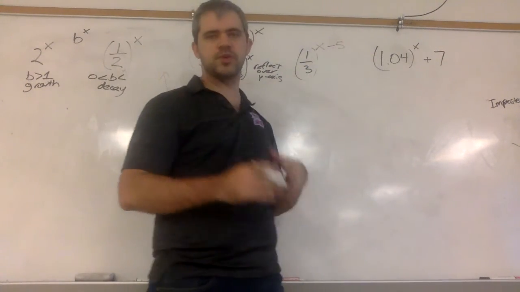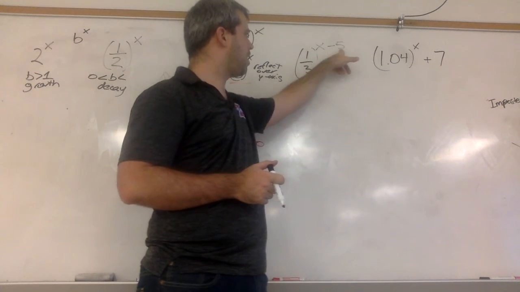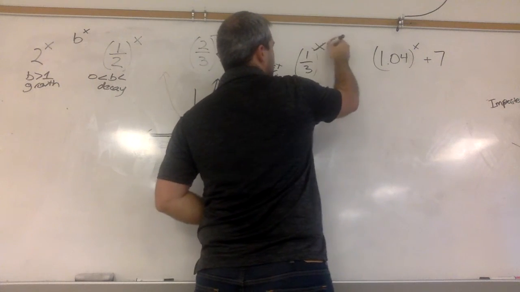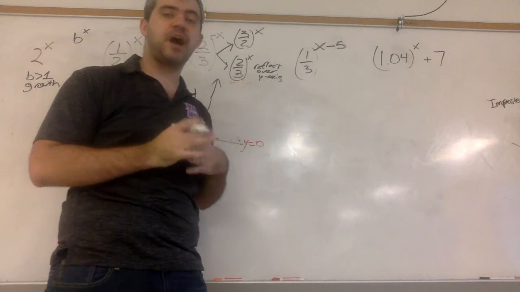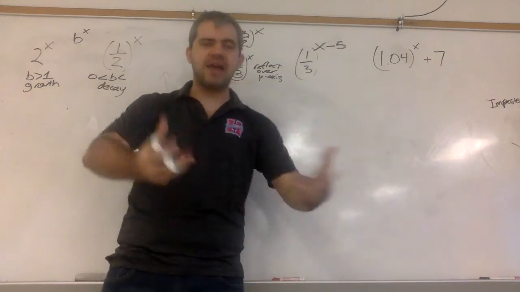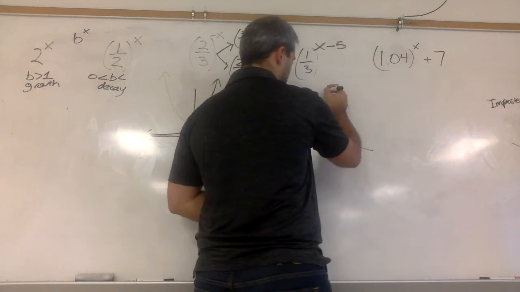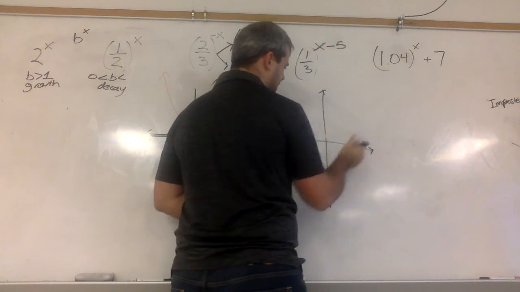So this time, we're doing the same thing, and we are subtracting 5 from our input. Make that a little darker, so you can see. We're subtracting 5 from our input. So that means we're going to have to add 5 to our input to get the same outputs we were getting before, which means we're going to have to move this guy 5 to the right.